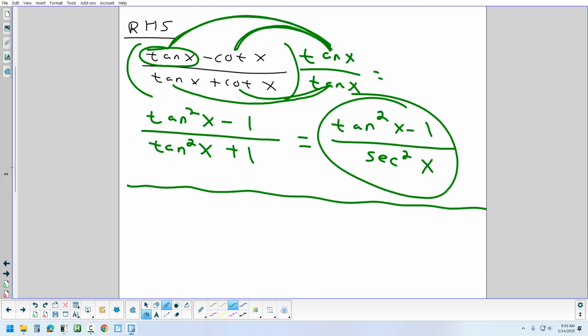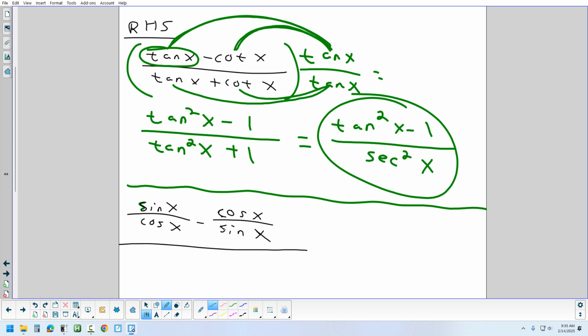So we're going to have sine over cosine minus cosine over sine. So that's the first part. And then in the bottom, sine over cosine plus cosine over sine.